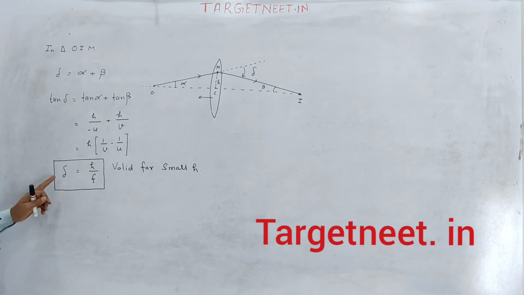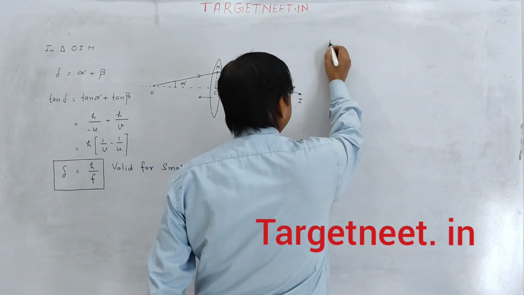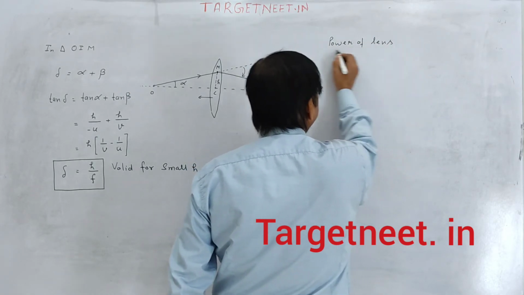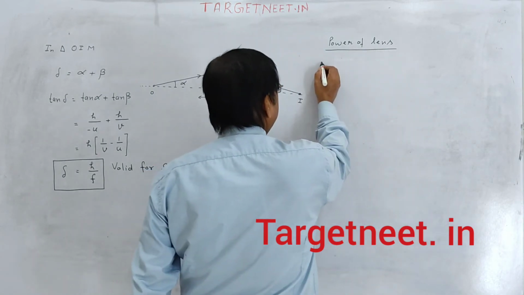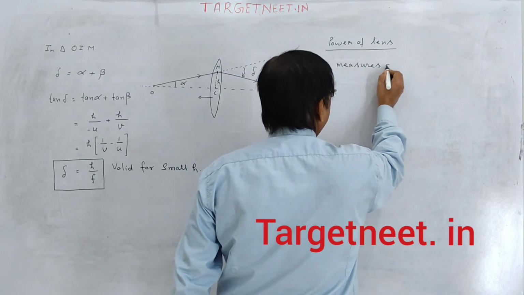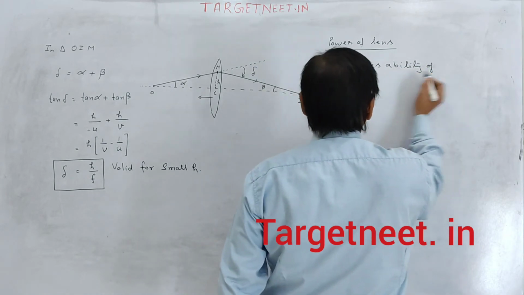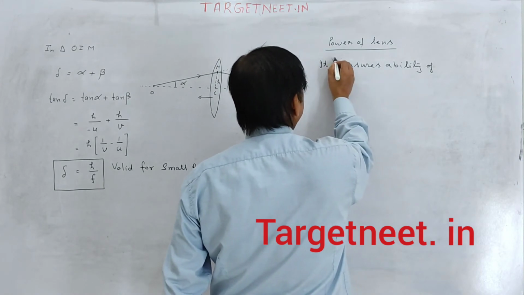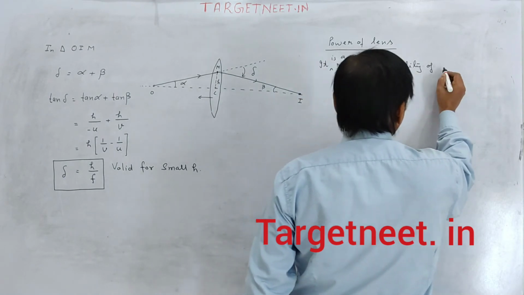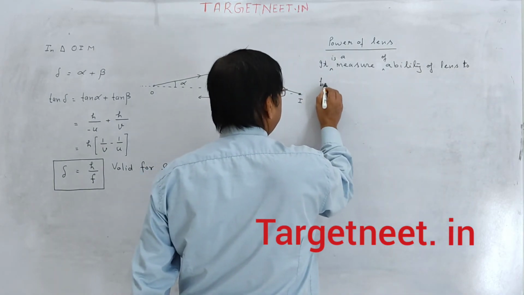So here if I say power of lens, it measures the ability of a lens to bend light.